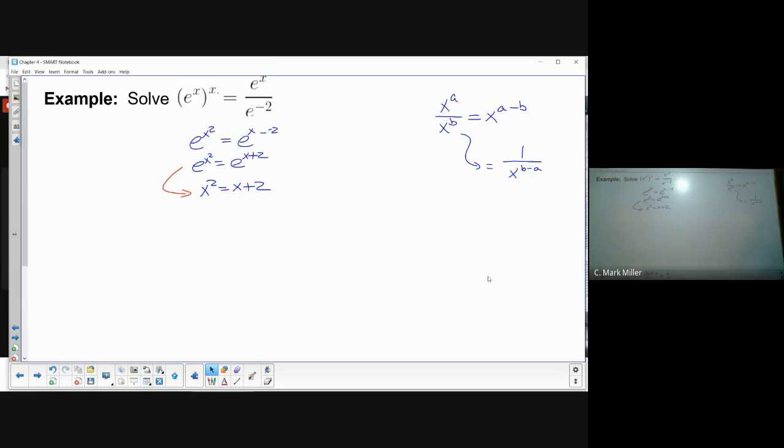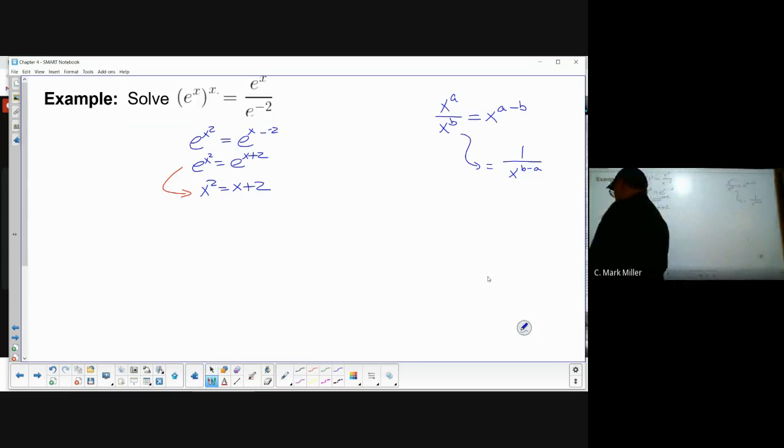Okay. Just so my board didn't freeze, I did some work. This means x squared minus x minus 2 is 0.